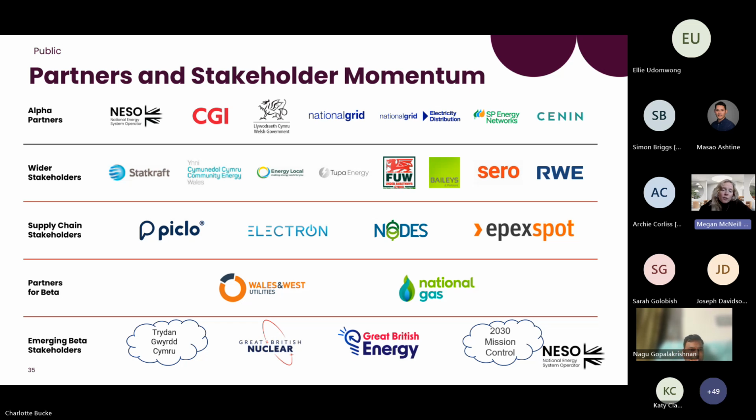But for the beta phase, to truly consider this as a whole energy network view, we've also partnered with National Gas and Wales and West Utilities. So we are a really large consortium, but stakeholder engagement in this project isn't just limited to the project partners, and is a really crucial part of the successful delivery of PWR. As I've mentioned, we've already engaged with parties from across the energy industry in the earlier phases, with the wider stakeholders outlined there.